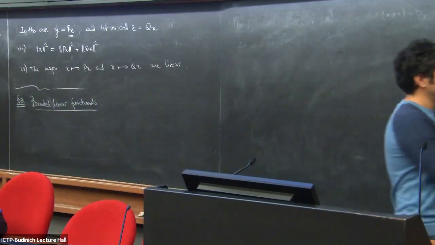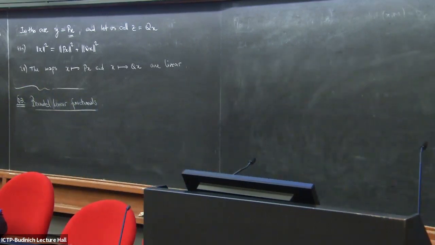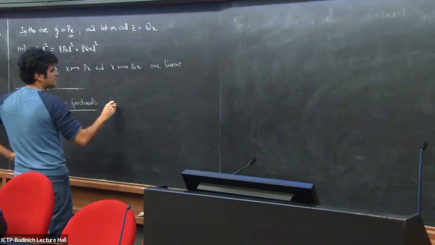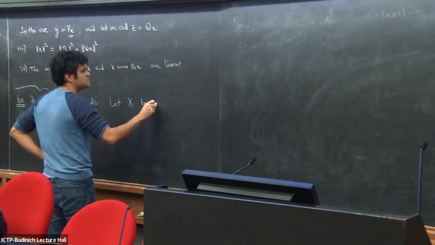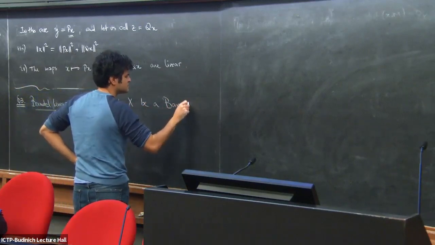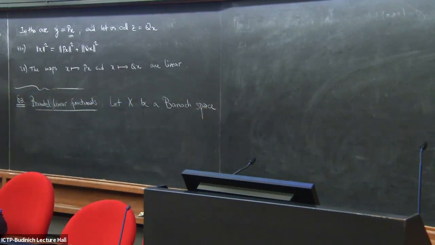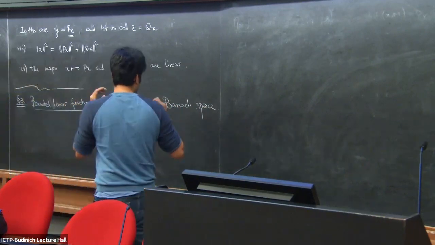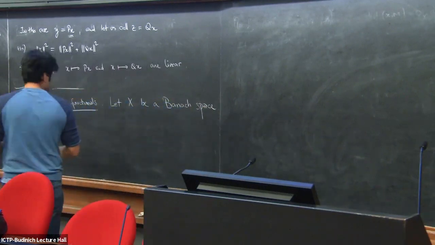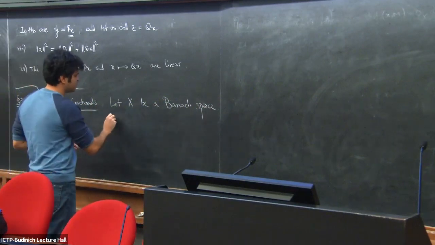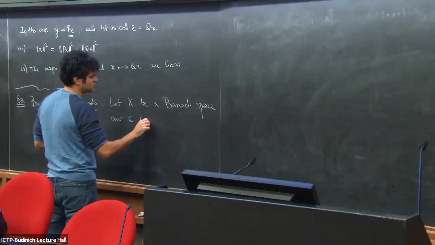Here's something interesting that you will get to know more when you do your functional analysis class. So let X be a Banach space. Let's, for one moment, leave the environment of Hilbert spaces. Let X be a Banach space. And here you may say over C or over R. Let's say over C. You can also say over R. That's fine.